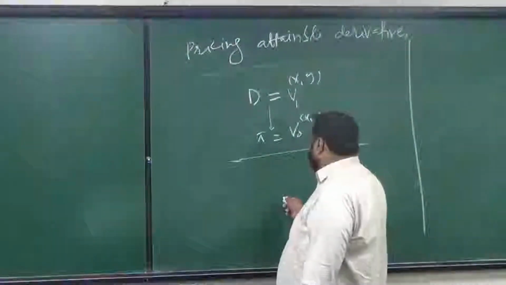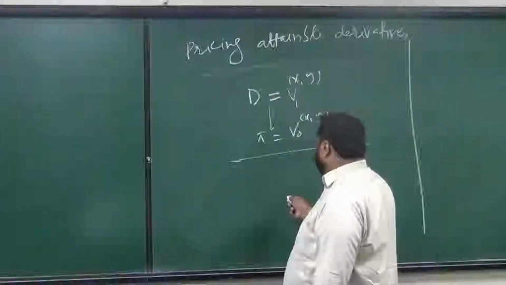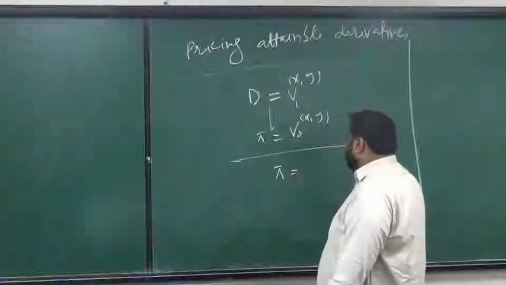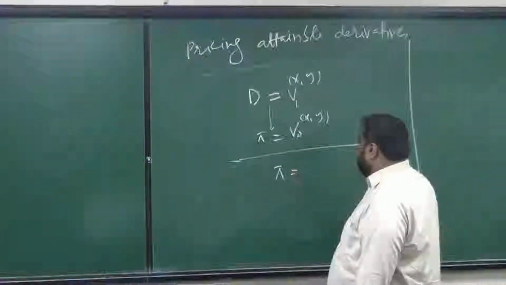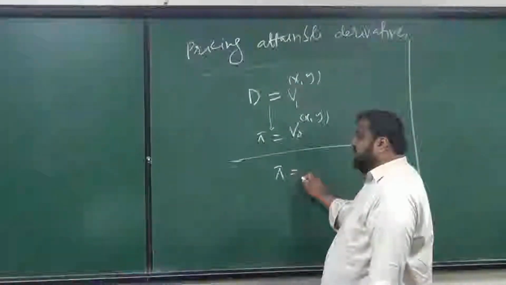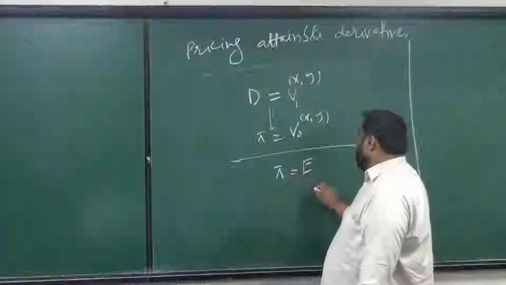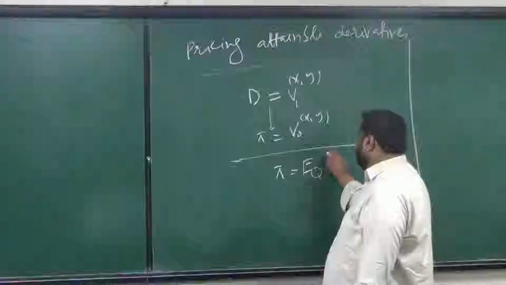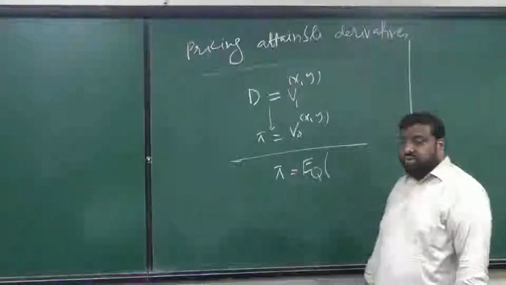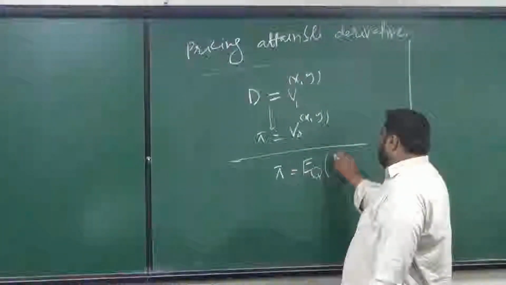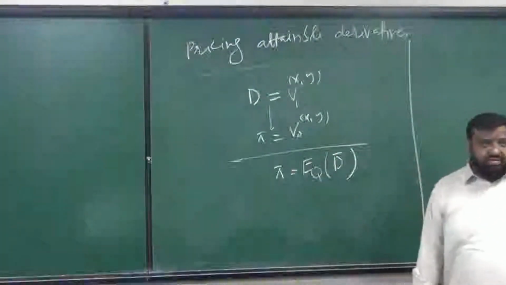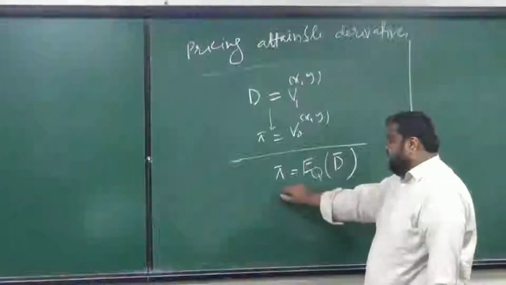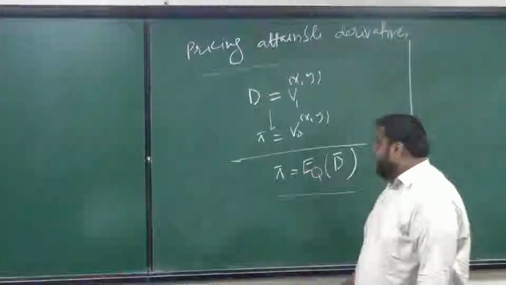And the second method was that if you want to compute the price of a derivative, then, using the law of one price, construct the equivalent martingale measure, and then compute the expectation of the discounted value of the derivative with respect to that equivalent martingale measure, and that is going to give you the fair price of the derivative.